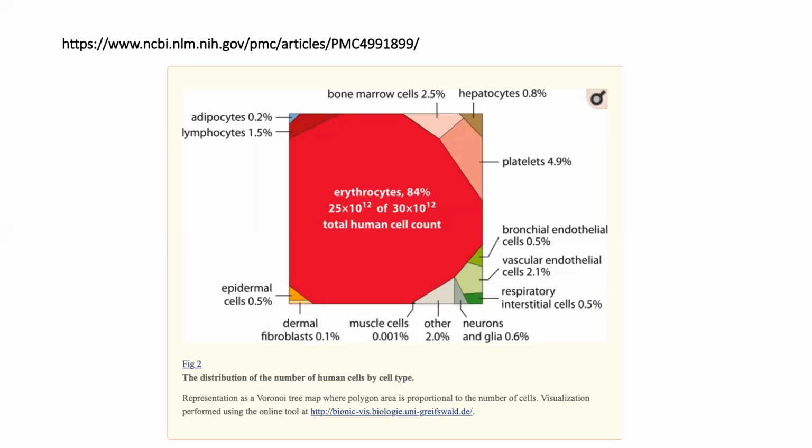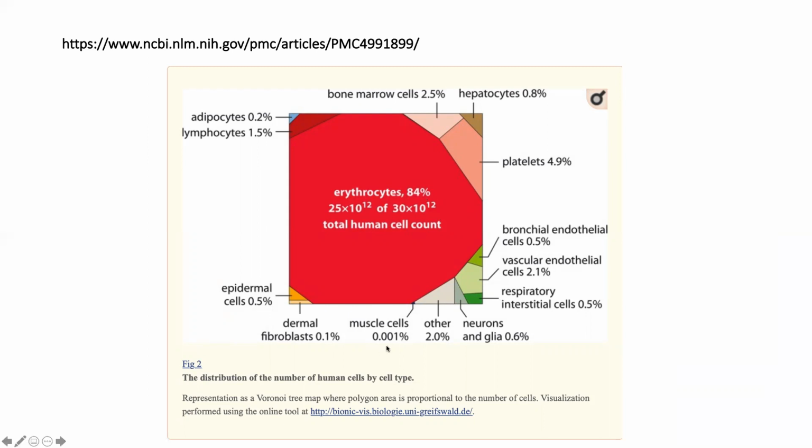As I said, there are trillions of cells in our body, and what are the components of these cells? Of course, the erythrocyte, which is the red blood cell, makes up about 84% of the total human cell count.